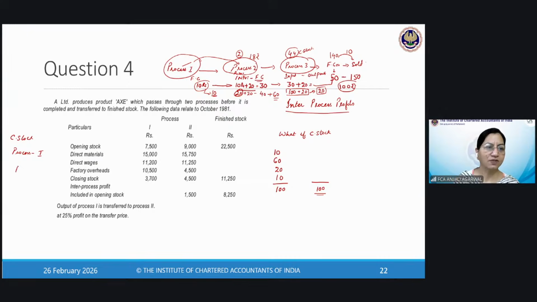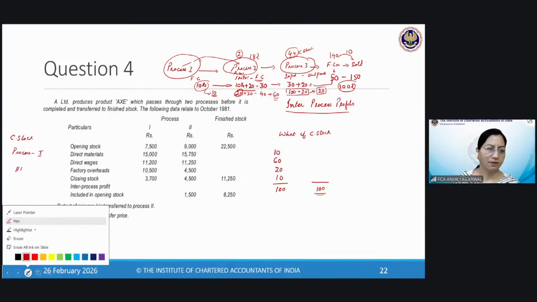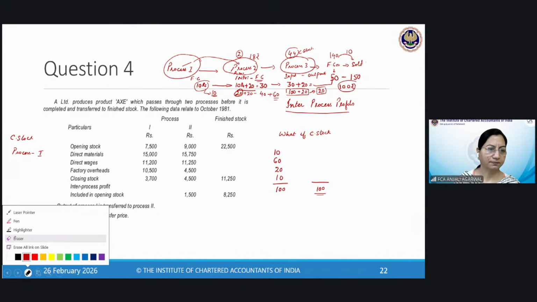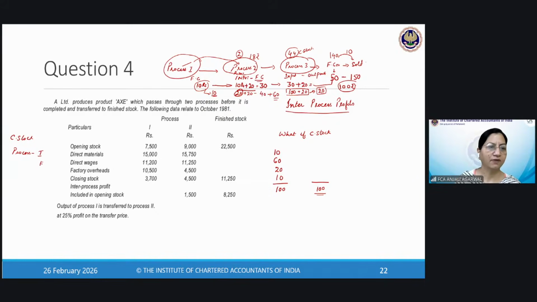But if there is a closing stock of process 2, what will happen? The process 1's profit will be blocked. Similarly, if there is a closing stock in process 3, it will have profits from process 1 as well as profits of process 2.